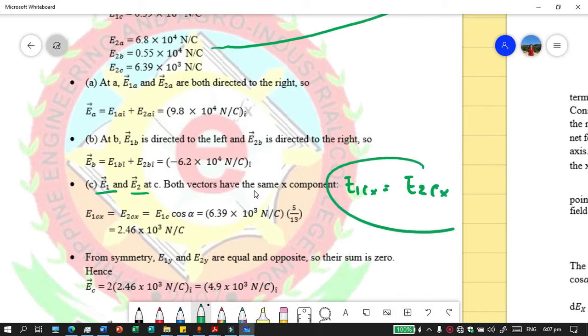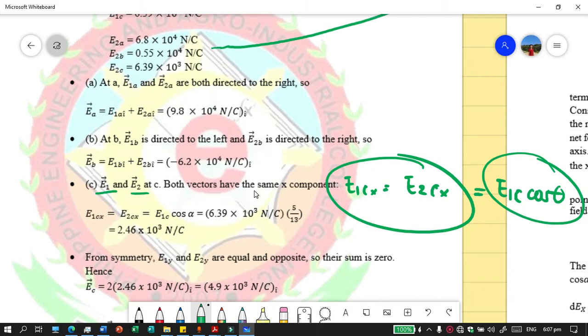Now, since they are both equal, pwede na nating sabihin that E1C cos theta. Okay?